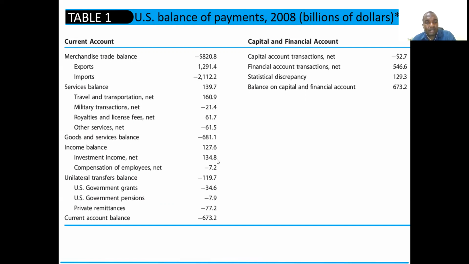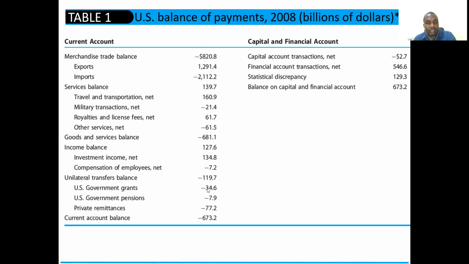And then the income balance comes from net investment income, and this net investment income, we add the investment income and the compensation of employees, which is recorded in the balance of payments. So if we take 134.8 minus 7.2, we get 127.6. And then for the net unilateral transfers, we've got US government grants, which were negative, which represents an outflow, US government pensions, which are negative, and then we've got private remittances, which are also negative.